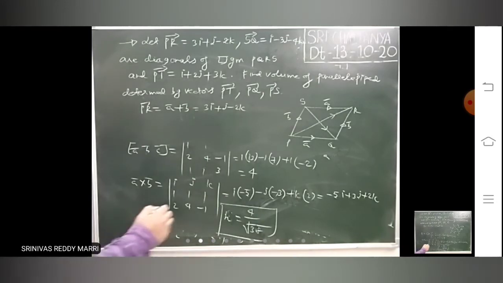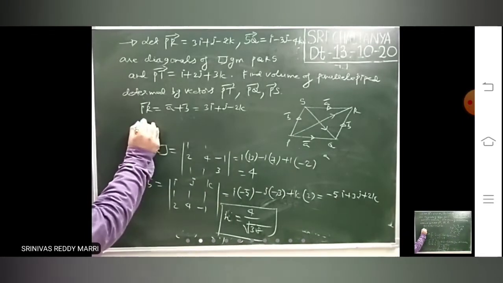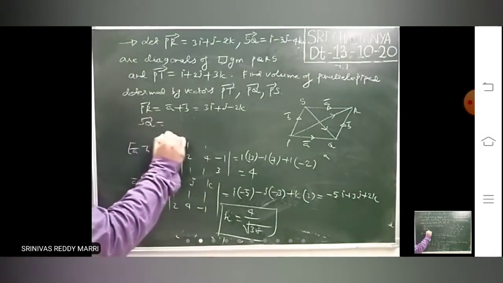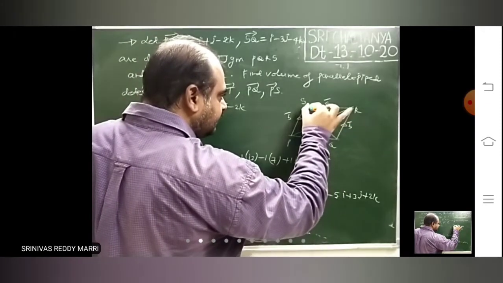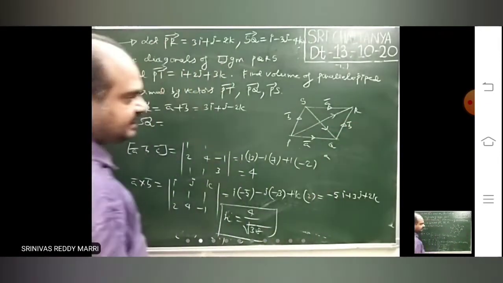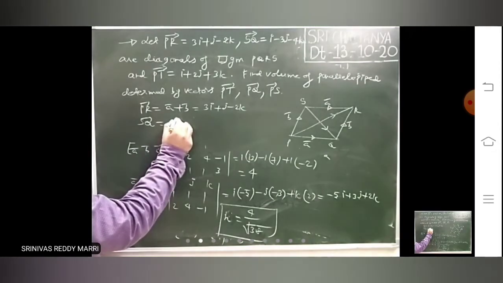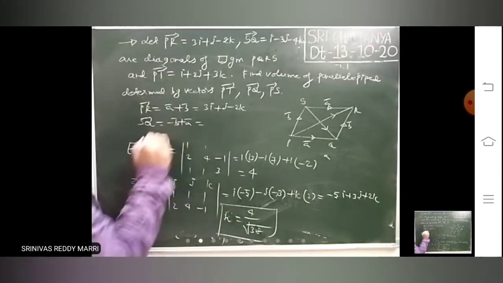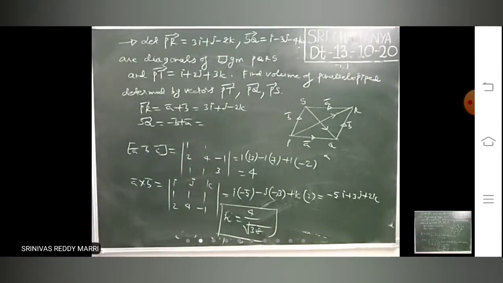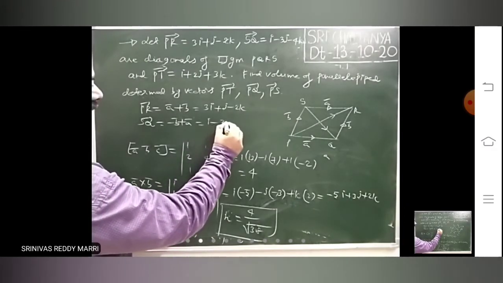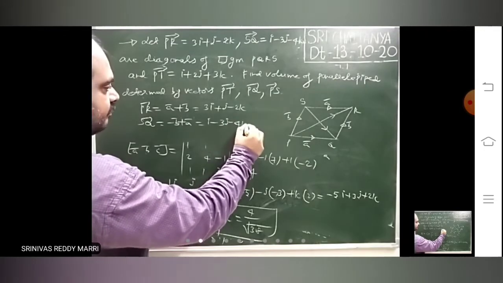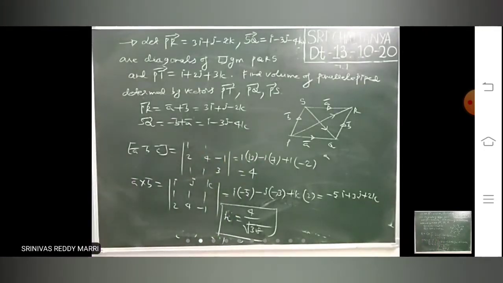Similarly, SQ bar is given from this triangle. SQ bar is nothing but SP bar plus PQ bar. That means minus B bar plus A bar, which is nothing but I minus 3J minus 4K. Now two equations are there.